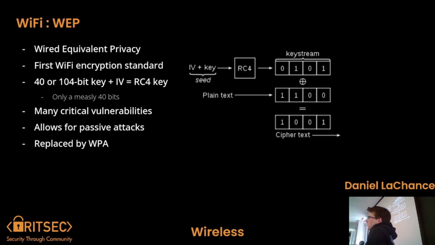You can start comparing all of them. I think you need 5,000 samples, so 5,000 frames, in order to actually do a WEP initialization vector attack and get the key, but it's still definitely possible.